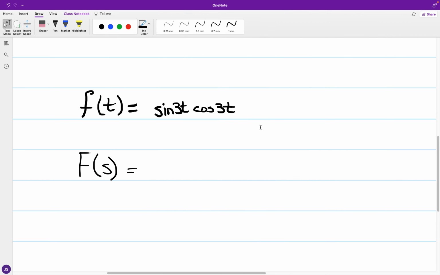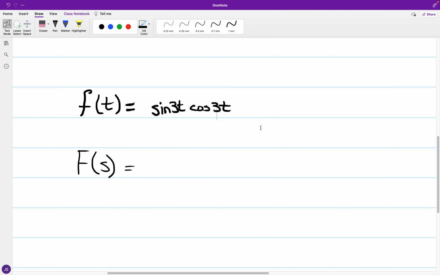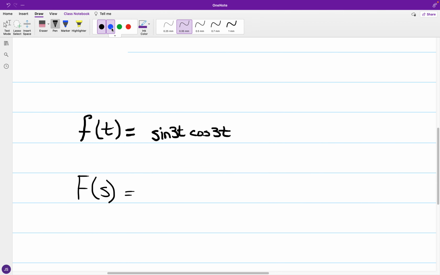Okay, for the next function, we have expressed as the product of the sine of 3t and the cosine of 3t. And let's say I consolidate as a single term. Going back to a special double angle formula, where we have the sine of 2t is equal to 2 times the sine of t times the cosine of t.